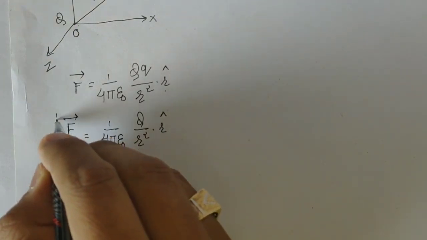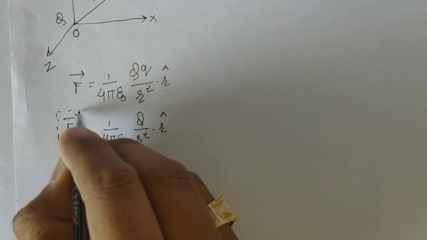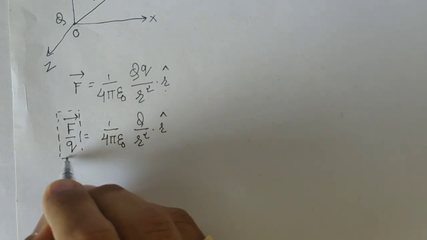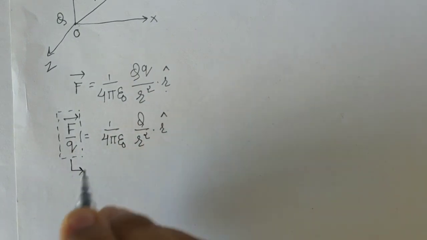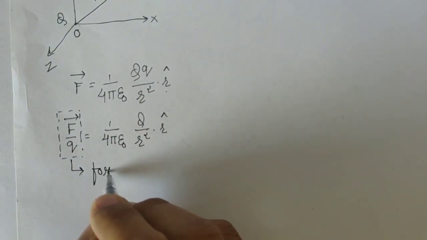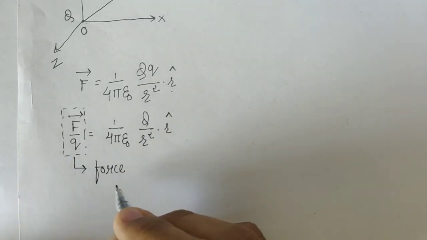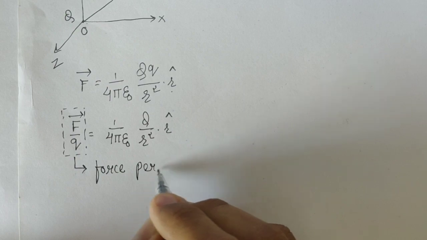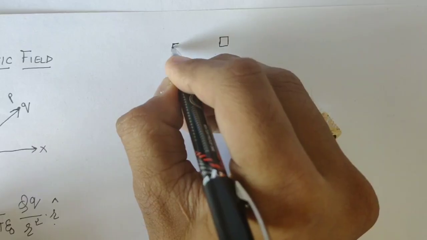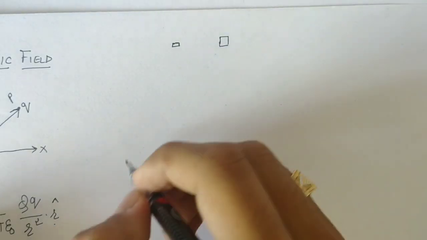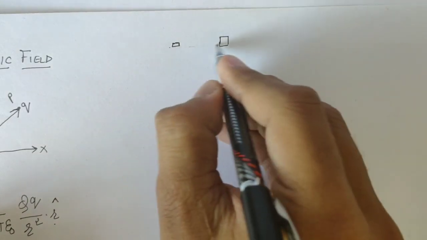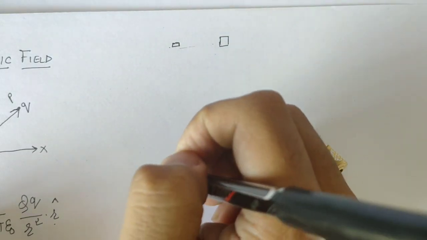Now what is F by q? F by q is force per unit charge. Put an iron strip. The iron strip is in the field of the magnet.